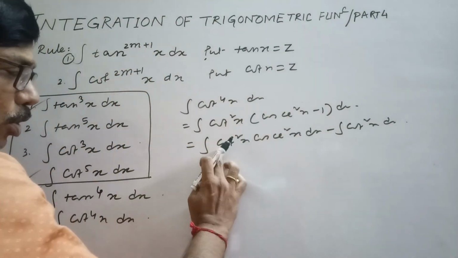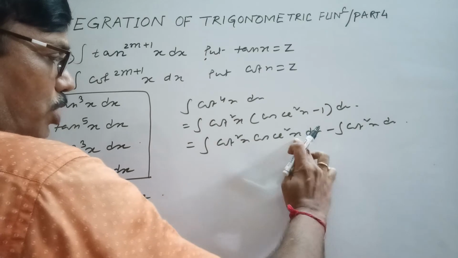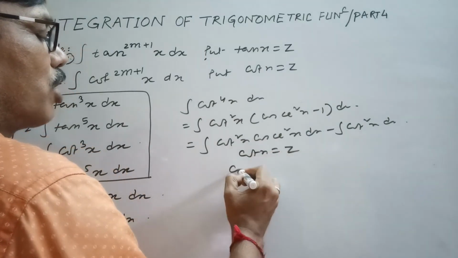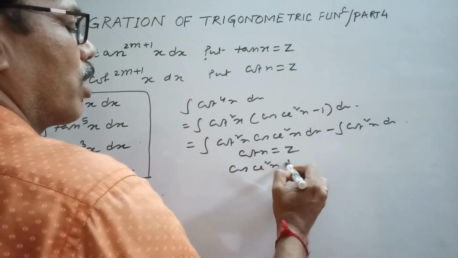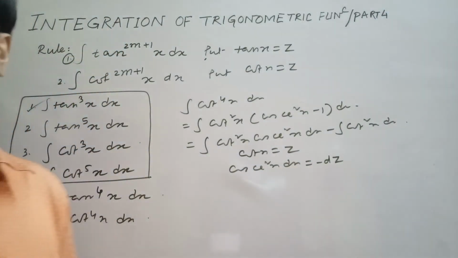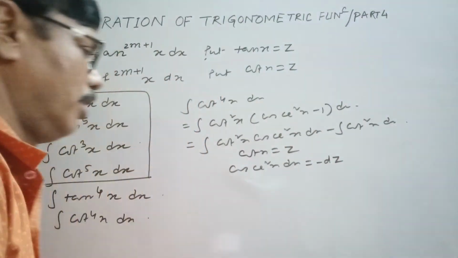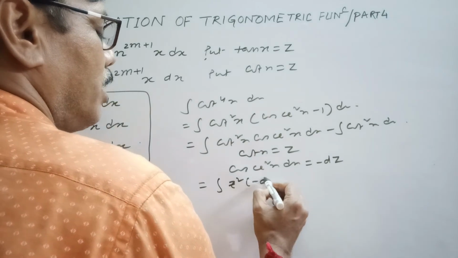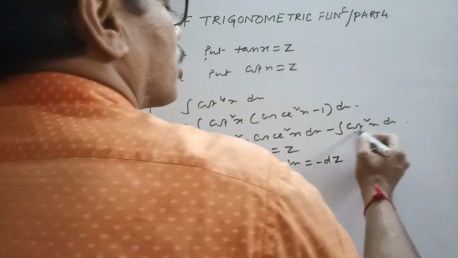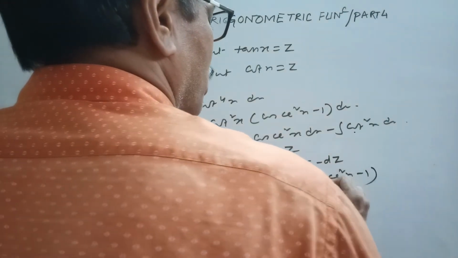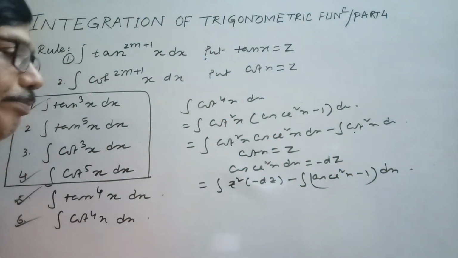Now the power of cot may be anything, but it is cosec square, even power, cot x equals z. So cosec square x dx equals minus dz. So this is z square into minus dz minus cot square. The known form is cosec square x minus 1.